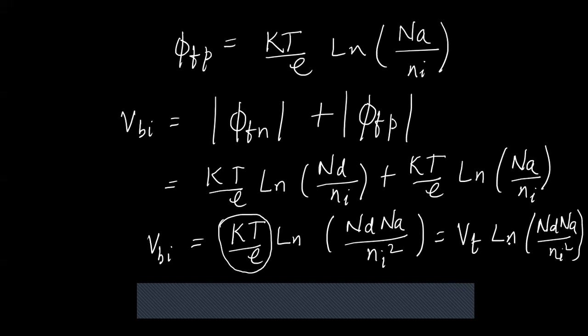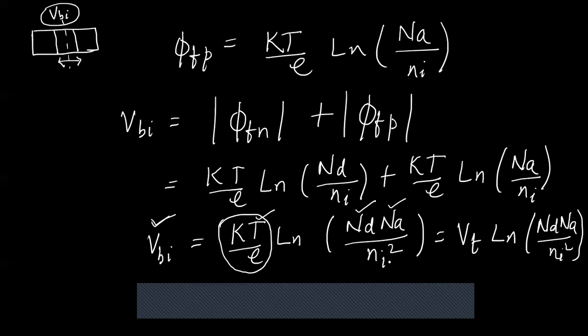So now you can actually calculate the built-in potential barrier for a p-n junction that is developed in the space charge region across the junction. Whatever potential difference or potential step is created can be written in terms of k, the Boltzmann constant, T, the absolute temperature, e, the electronic charge, and a logarithmic function of Nd Na, the product of the doping concentrations of the n region and the p region, divided by Ni square.